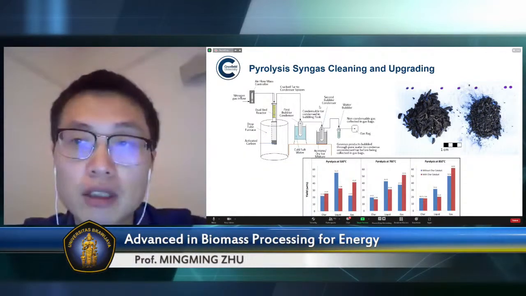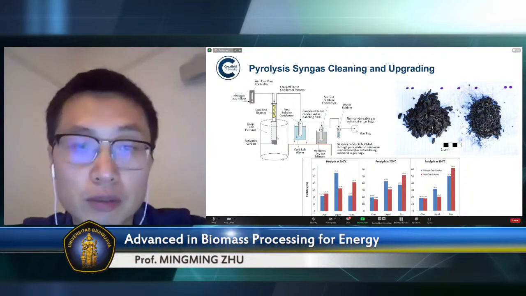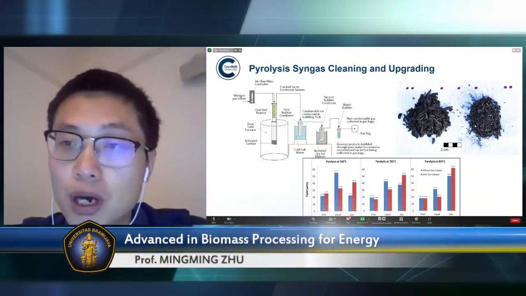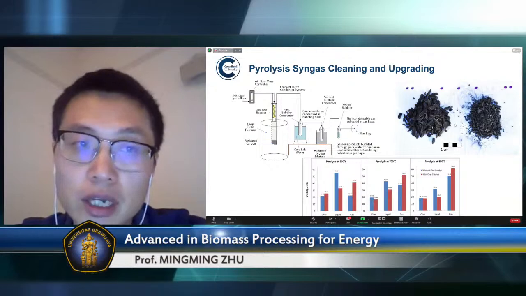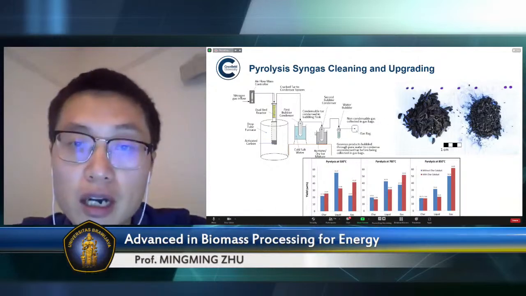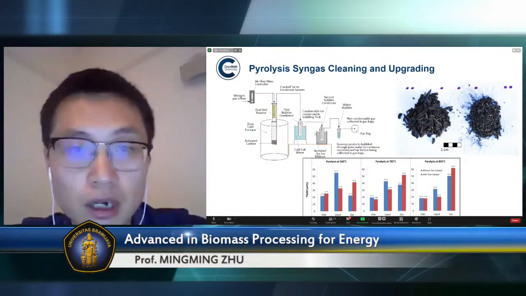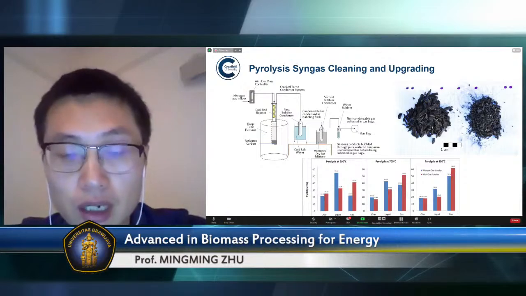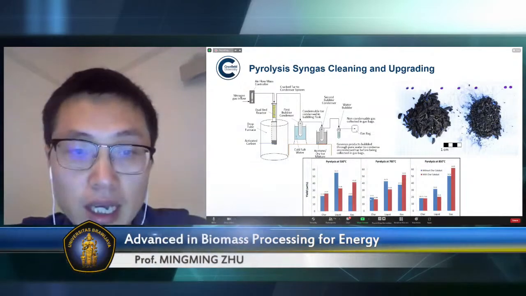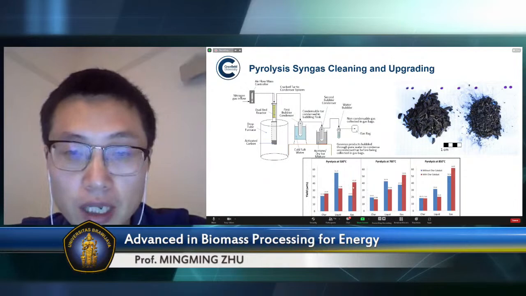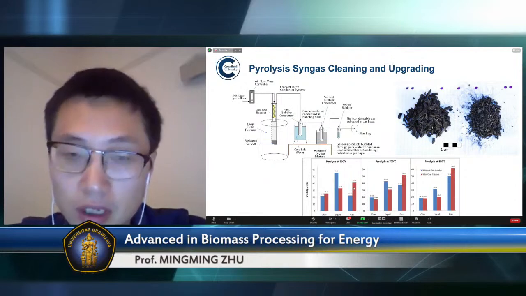And we have done some lab-scale work in a fixed bed reactor, using the biochar produced in the process to further process the oil and enhance gas production. As you can see, overall, the gas production can be improved. In some cases, it can be doubled in terms of the total yield.